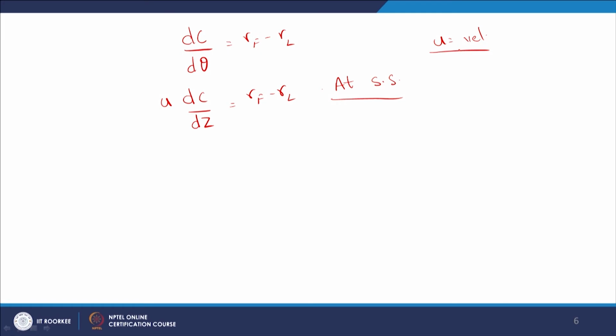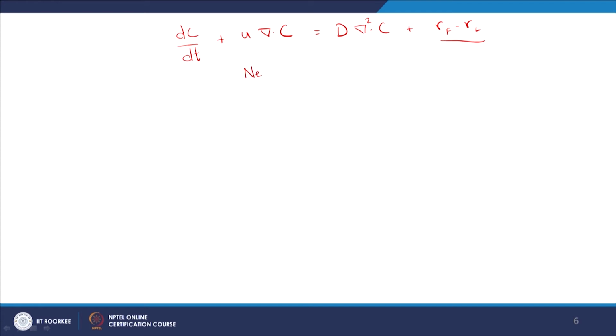So there is a much simpler way, obviously, and for that we need to have some background about the relevant fundamental equation. So what was our fundamental mass balance equation, if you remember that, I guess dc by dt, right, plus u del c is equal to diffusion coefficient into del square c plus sources or sinks, which are nothing but rate of formation minus rate of loss. This is the second way to derive what we just looked at.